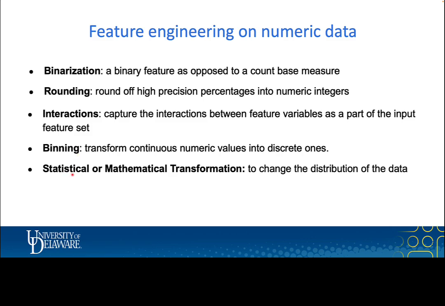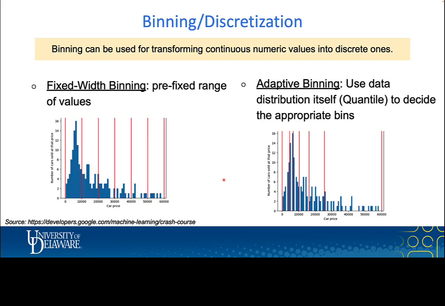Finally, some machine learning algorithms work well when the data follows a particular distribution. Thus, we may need to perform some transformation to the data to follow the same distribution, or to adjust to that distribution. And these will be statistical or mathematical transformation methods. I am only going to describe in more detail a couple of these methods.